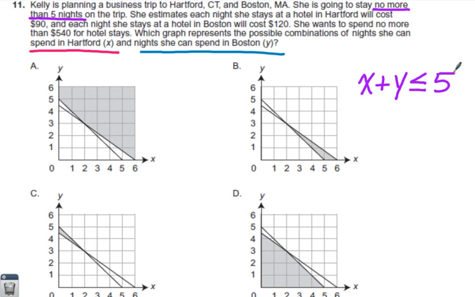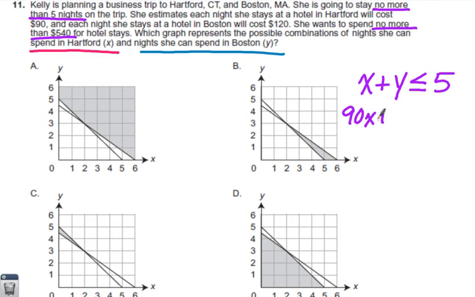No more than $540. So if X is the number of nights in Hartford, then wouldn't we do 90X? We would multiply $90 for each night times X number of nights.